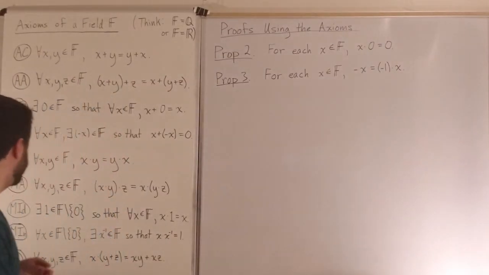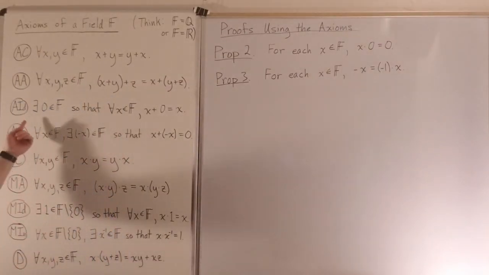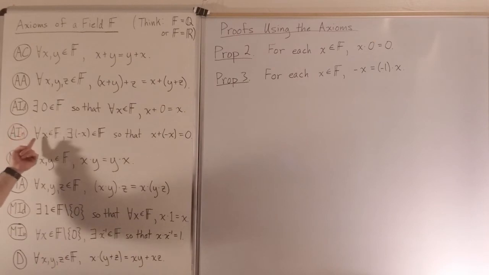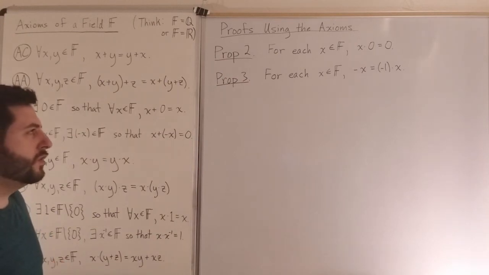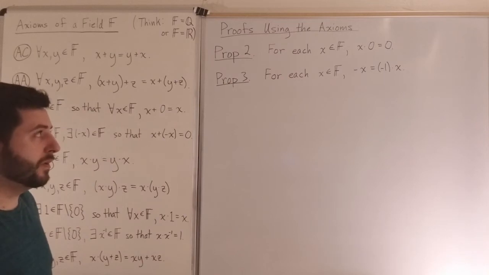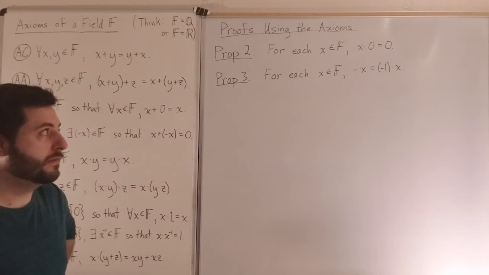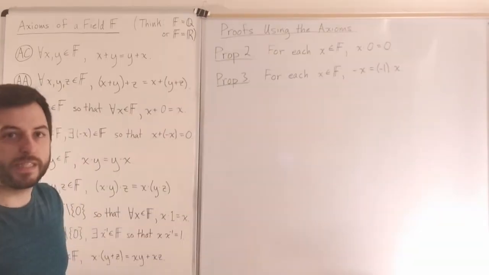So for each element of the field, there has to exist an opposite of it. Okay, it turns out we don't know too much about what -1 is, though. For example, in some fields, -1 is equal to 1. Okay? There's nothing restricting that.